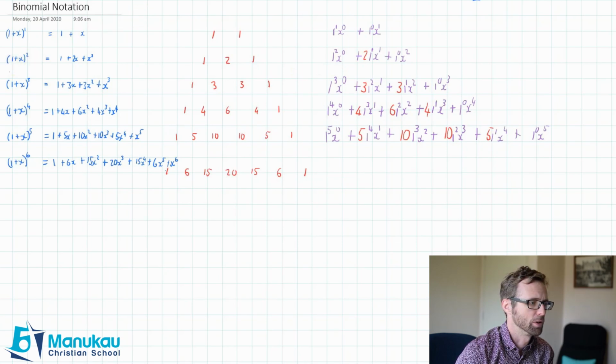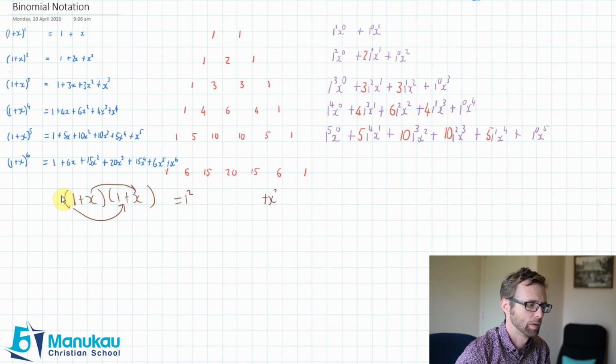So if we write 1 plus x into 1 plus x, you see that first term is made up of 1 squared, your last term is made up of x squared, and your middle term, you're going to get that 2x because you've got this one here and this one here. And that's just going to be to the power of 1.